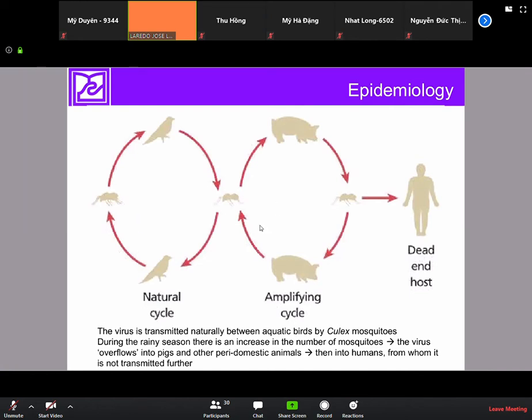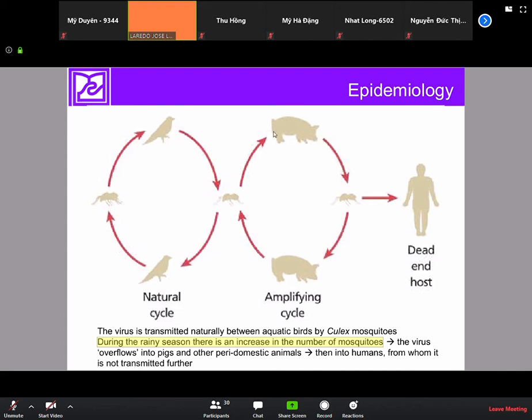However, during the rainy season, the number of mosquitoes increases a lot, as you already know. So what happens? When the number of mosquitoes increases, mosquitoes start feeding on different hosts that are not natural hosts, many different animals. The most common, the pig. And the pigs live very closely with humans.